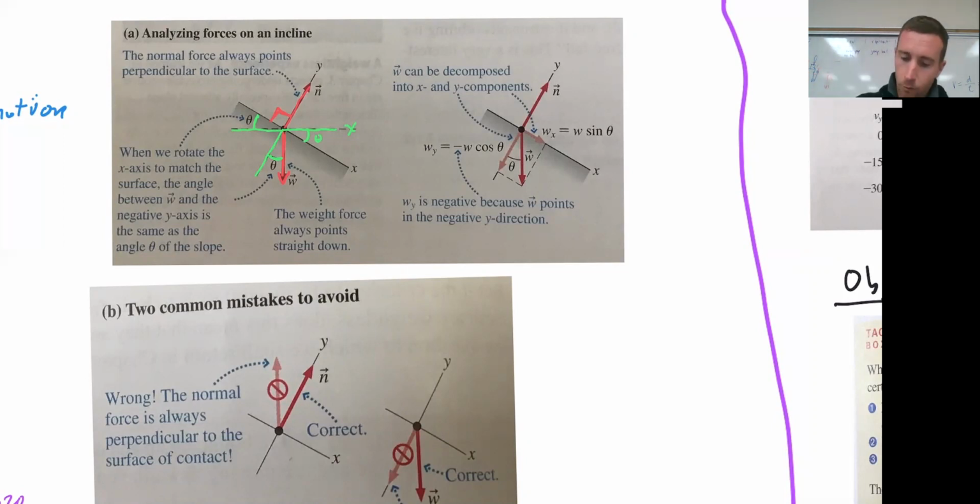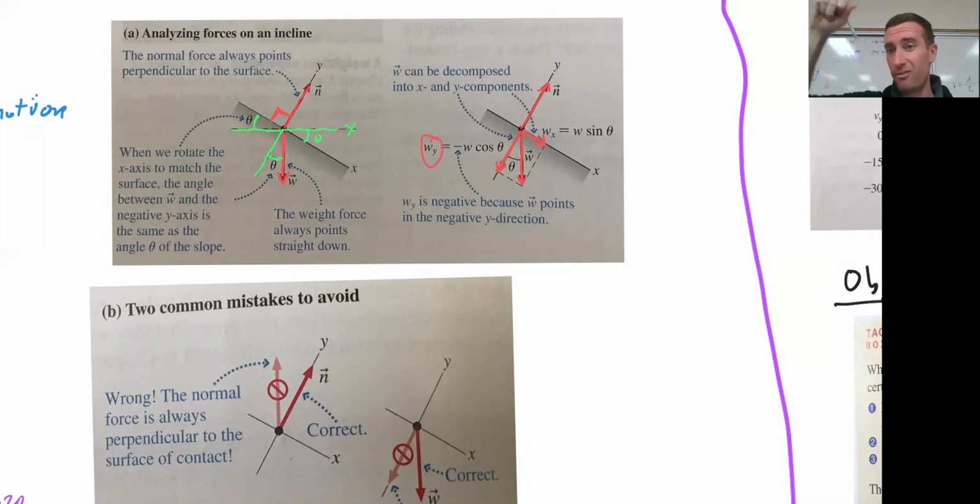Additionally, my weight, which is going straight down, I can break down into both horizontal x components and vertical y components. The vertical y component has to be matched by the force going up. So this normal force will match the y component of the weight in most cases if there's not another vertical force.